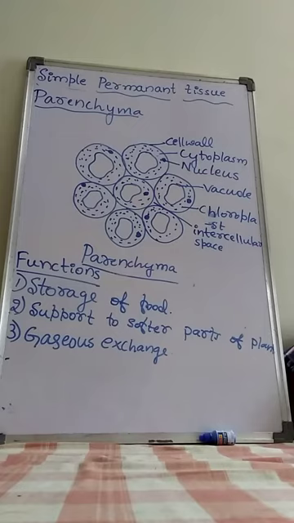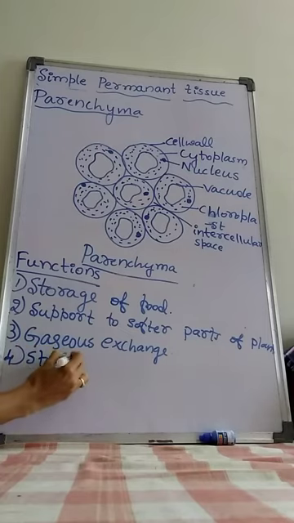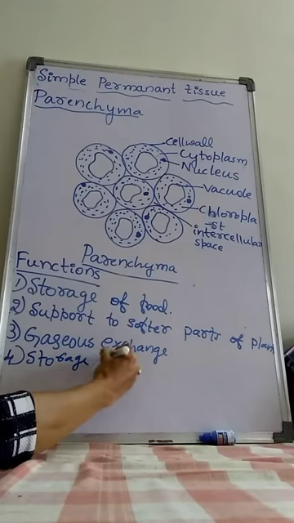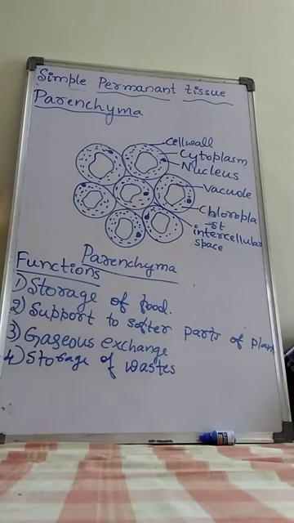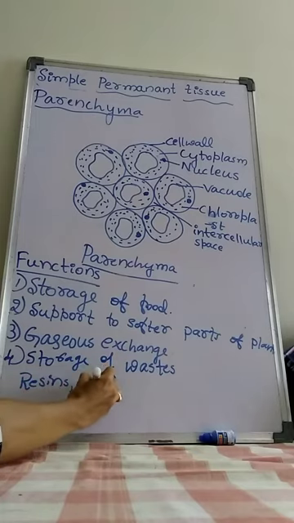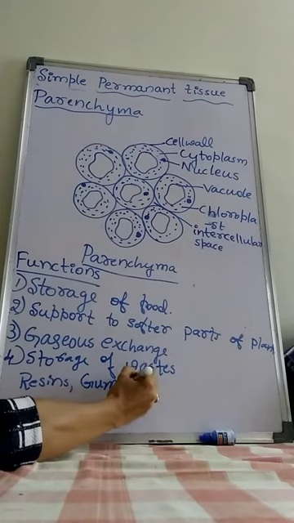Then some waste products also get stored in the parenchyma cells. Parenchyma cells store waste products such as resins, tannins, gums, etc. It stores food as well as waste.